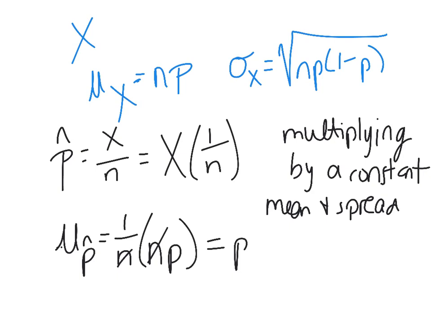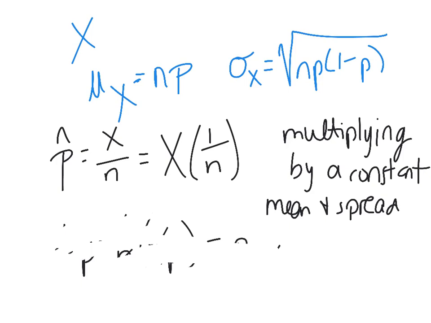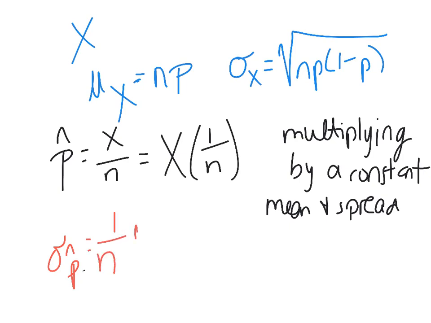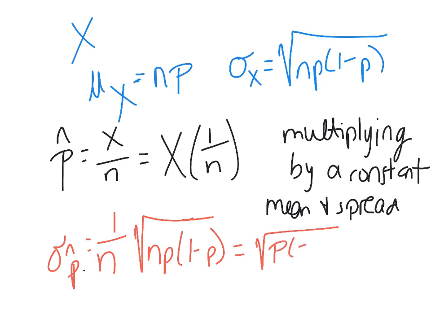As for standard deviation, if I take the standard deviation of p hat, multiply it by my constant, the square root of np times 1 minus p, when I simplify that down, I get the square root of p times 1 minus p over n.